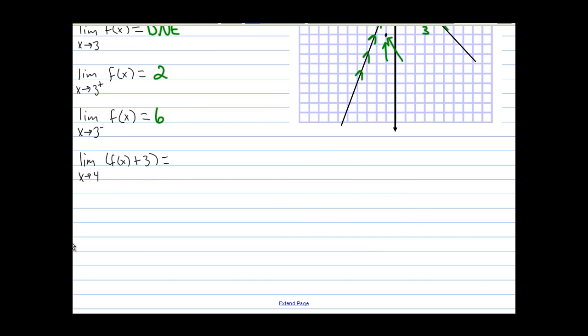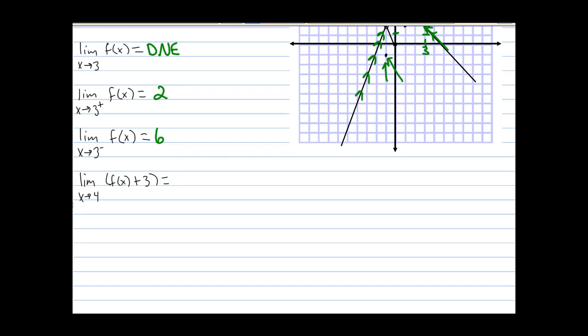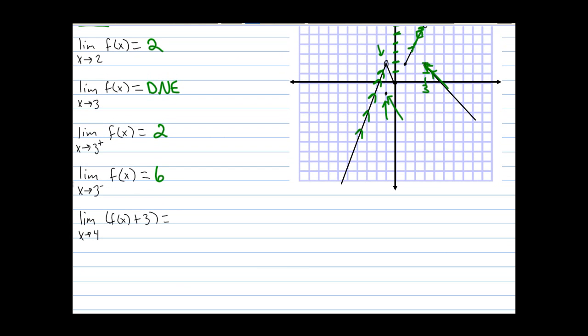In the last one here, I believe it is the last one, yes it is, the limit as x approaches 4 of f of x plus 3 can be split up into the limit as x approaches 4 of f of x plus the limit as x approaches 4 of just 3. Now the right hand side, the limit as x approaches 4 of 3 is just simply 3.